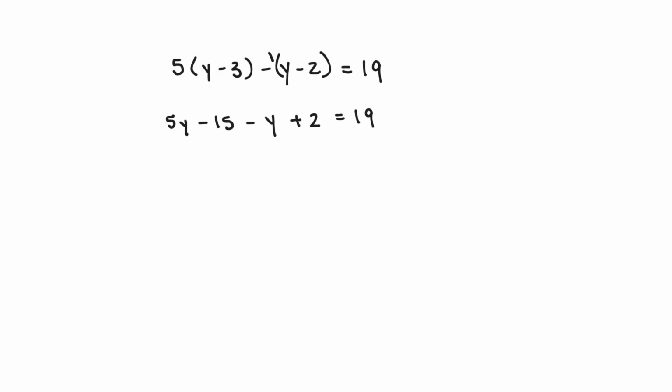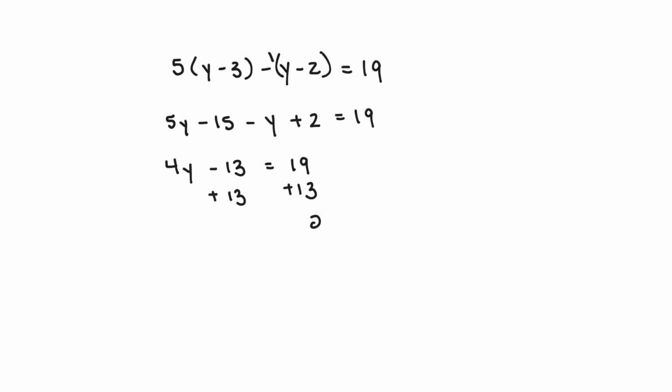So now we can gather some like terms. We have 5y minus y, so that would be 4y. Then negative 15 plus 2 is negative 13 equals 19. So now we need to bring the negative 13 over to the right side. So we're going to add 13. We're going to add 13.